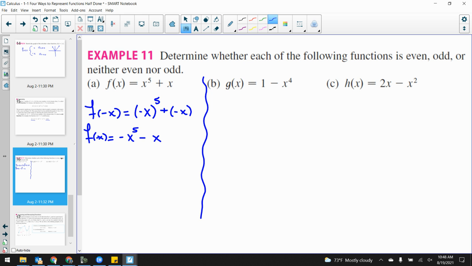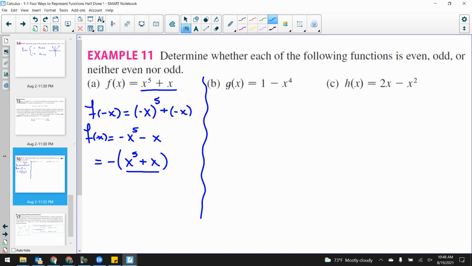Okay, well, do you see how I have two negatives inside there? Can I remove the negative? That's the test to really see if it's odd. Can I remove the negative and factor out a negative and pull it all the way out front? Let's try it. Negative x to the fifth plus x. Look at what we started with. Look at what we finished with.